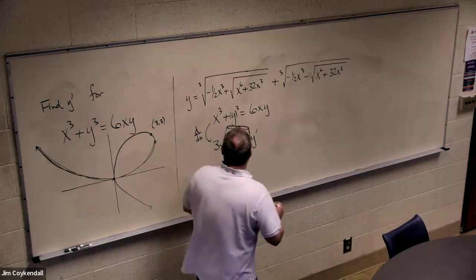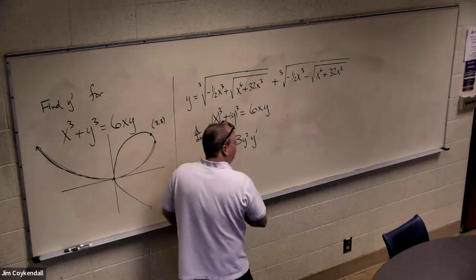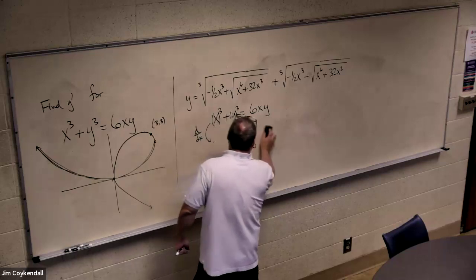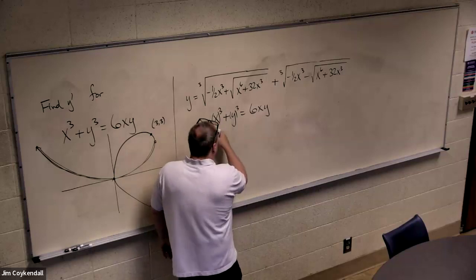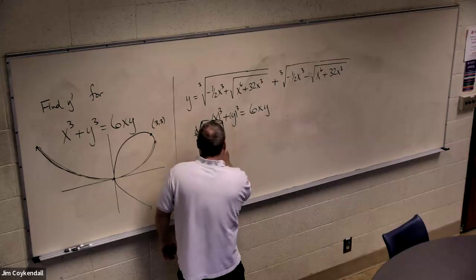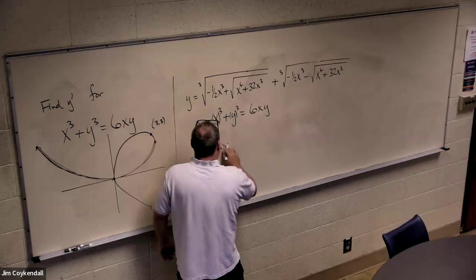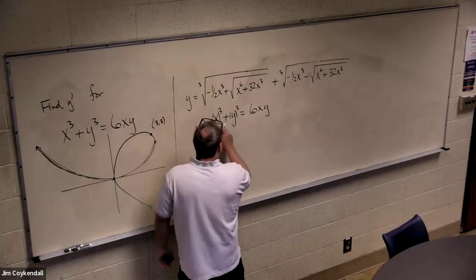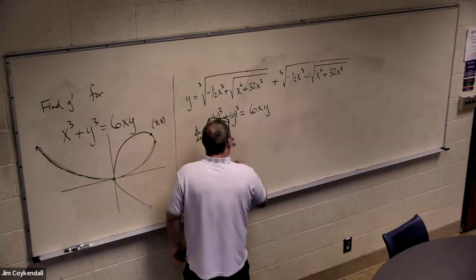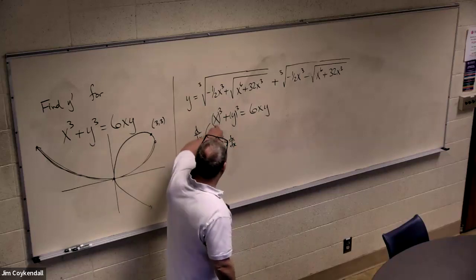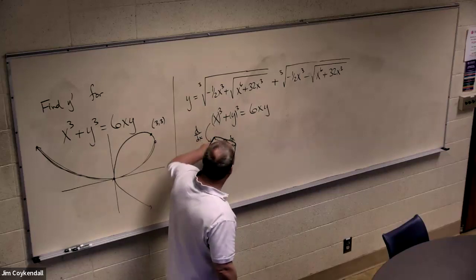Why? But I'll tell you why. Let's be even more careful with this. Let's start over. Let's do the chain rule here. What's the derivative of x cubed? It's blob cubed. Agreed? 3x squared times the derivative of what's inside there. What's inside there is x.